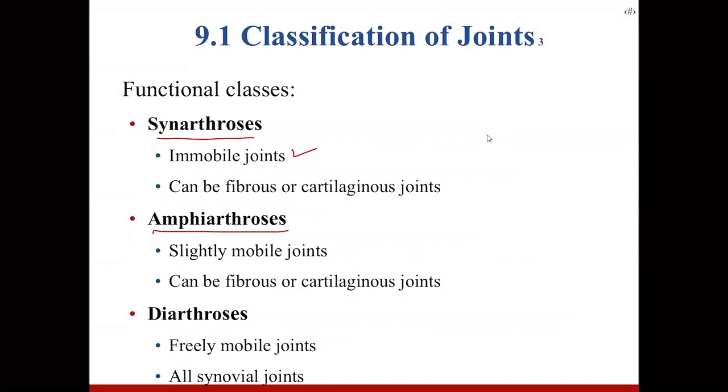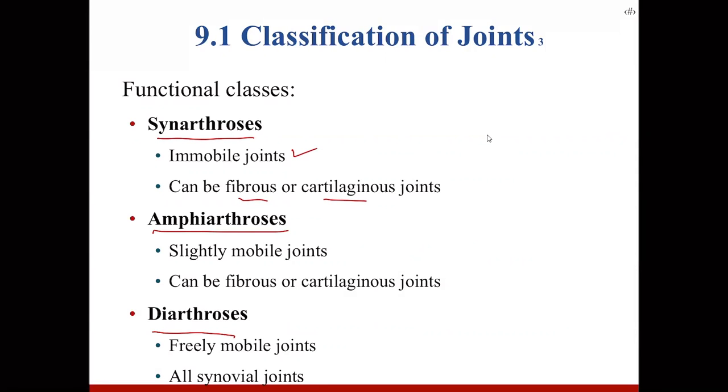Amphiarthrosis could be slightly movable, and then diarthrosis can be freely movable. If you put structural classification in relation to that, synarthrosis could be fibrous or cartilage. Amphiarthrosis could be fibrous or cartilage, but then the diarthrosis are the synovial ones. Those are the ones that move around.